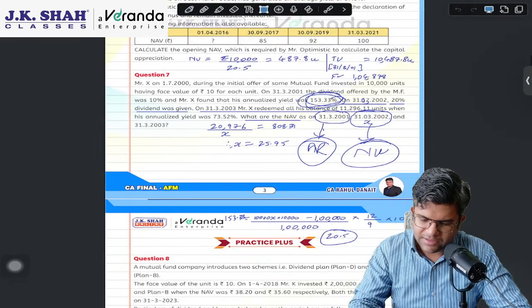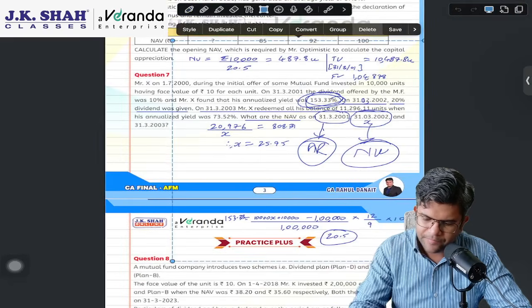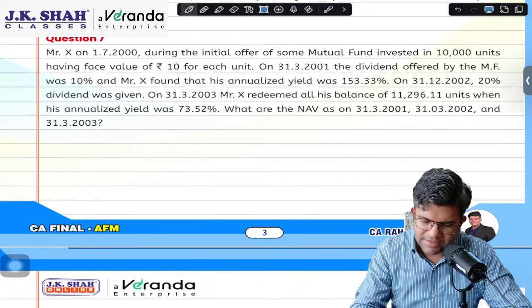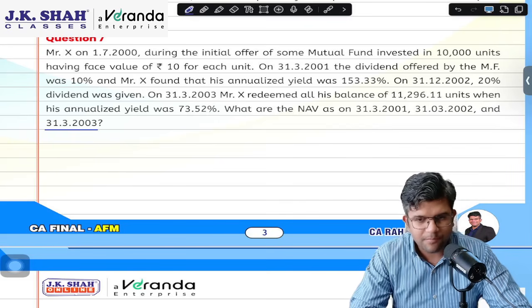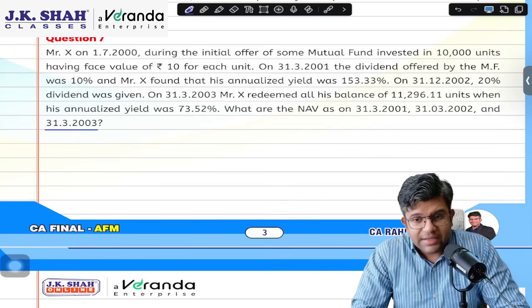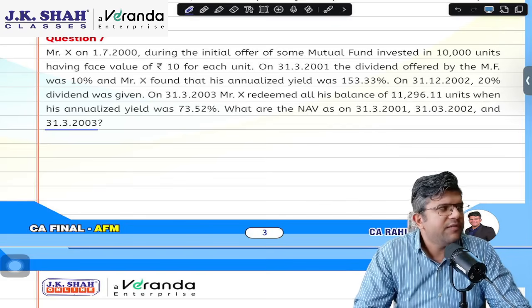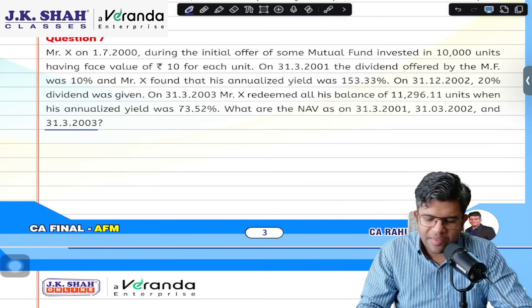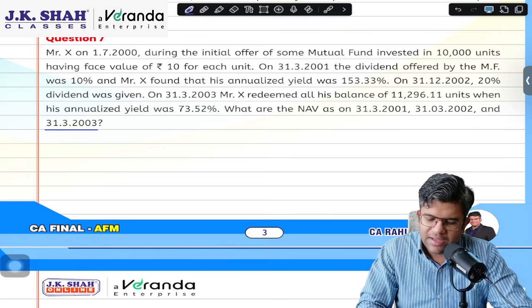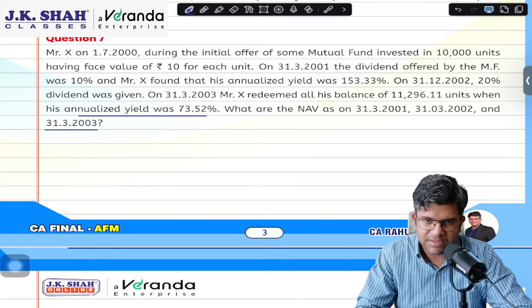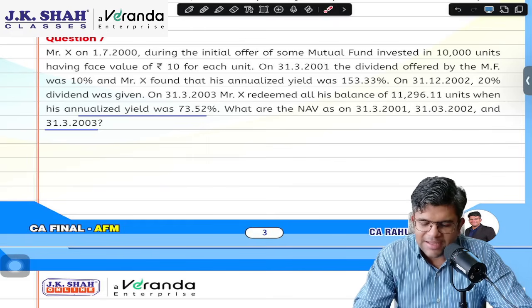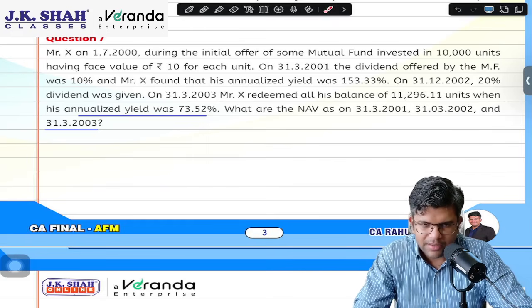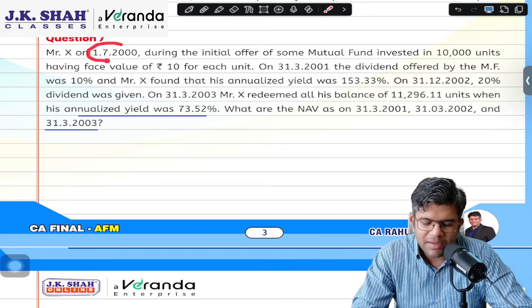Now the last part. Last part is most simple. Be with me. They are asking you to also calculate NAV on 31st of March 2003. Now students, for that only one data is given. They are saying annualized yield was 73.52%. Can someone first of all tell me, annualized means, can I say it is a 12-month return, but your holding period was how many months?